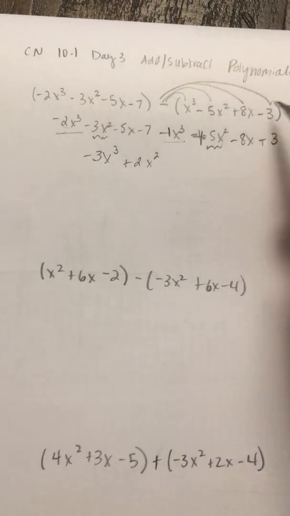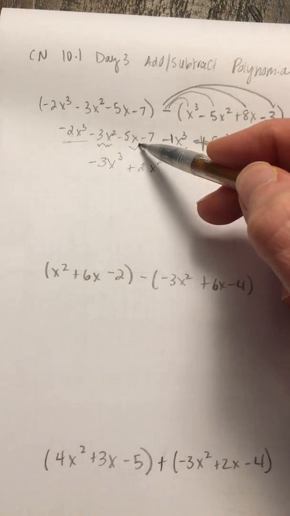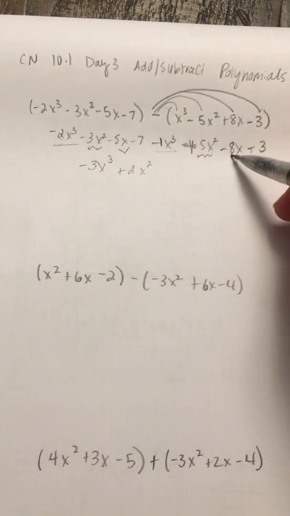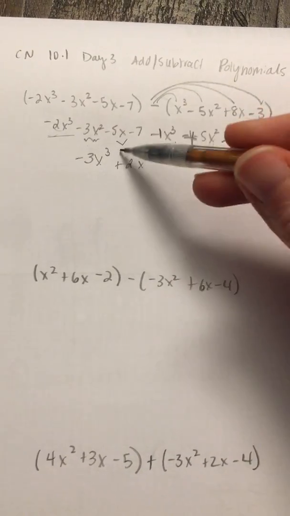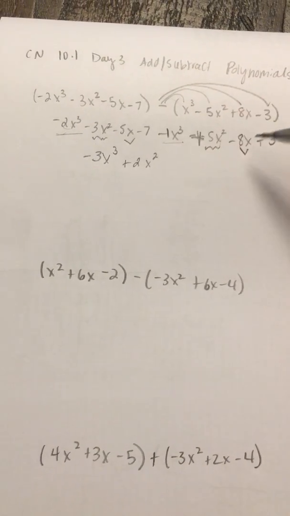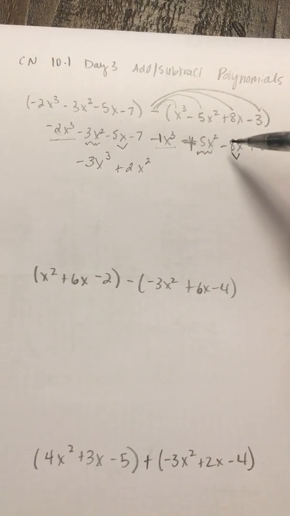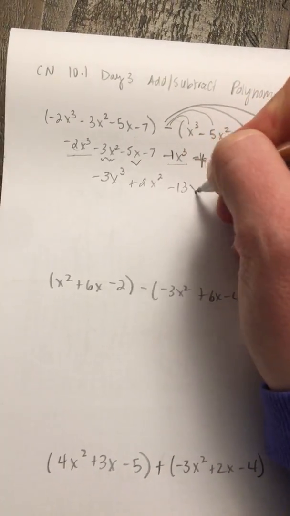After 2, I'm looking for 1, or what we would call linear, a week ago because you had spring break off. And you're going to see that those ones are what we'd call like terms because they all have an x. Look at the number in front, negative 5, negative 8, same, add and keep to get a negative 13, and then you keep the x.